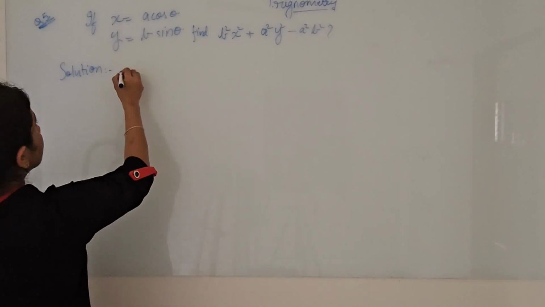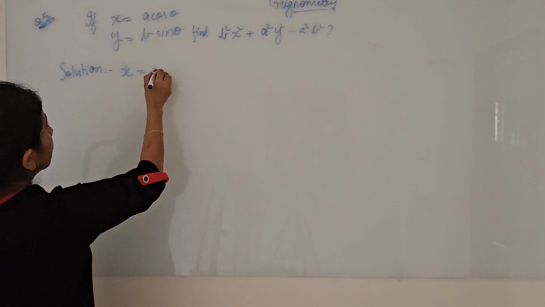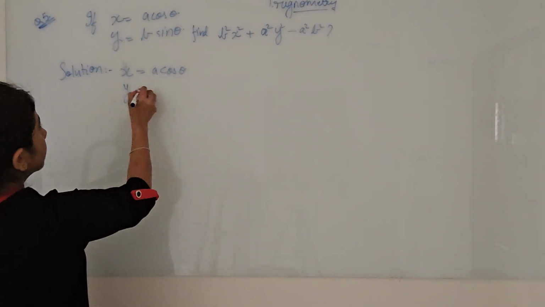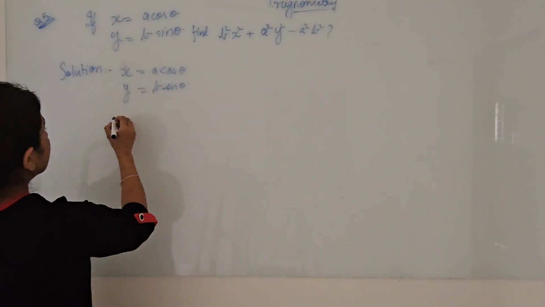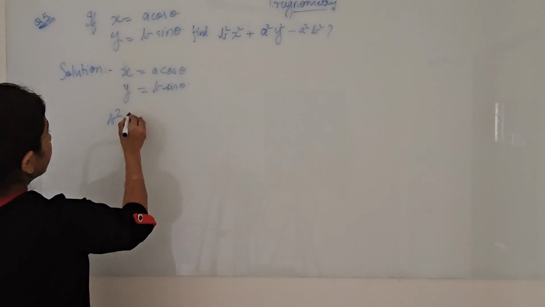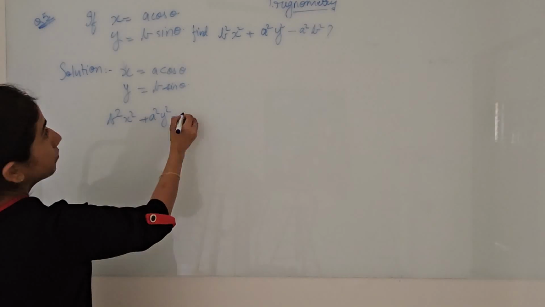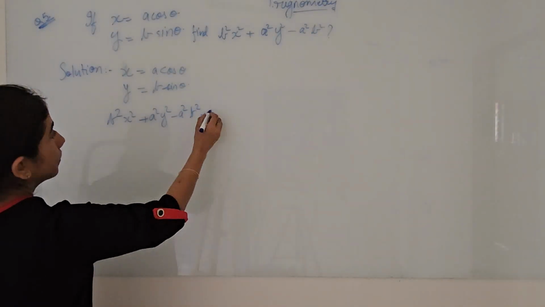Solution says, first I'll write down what is given. x is equal to a cos theta, y is equal to b sin theta, and required is b square x square plus a square y square minus a square b square.